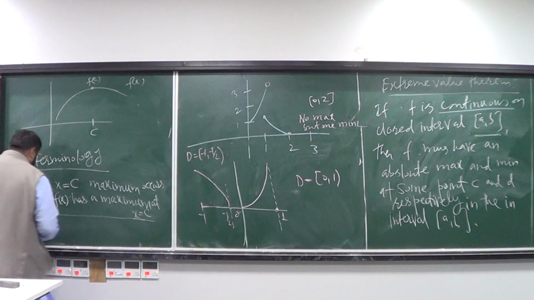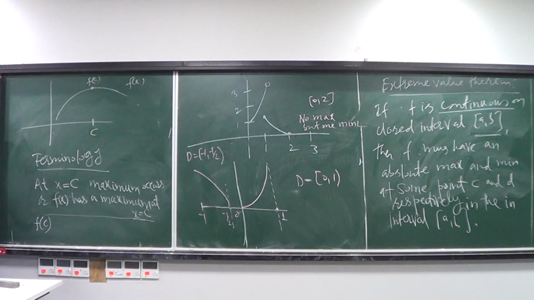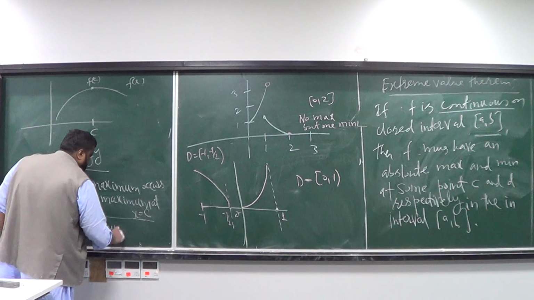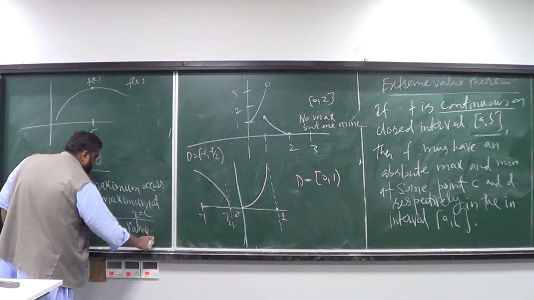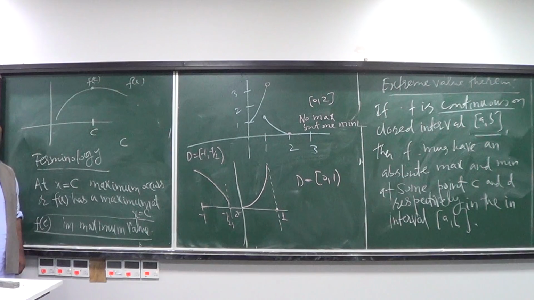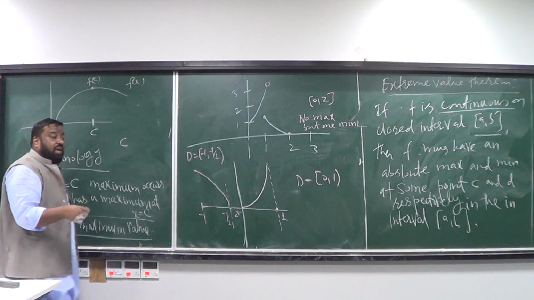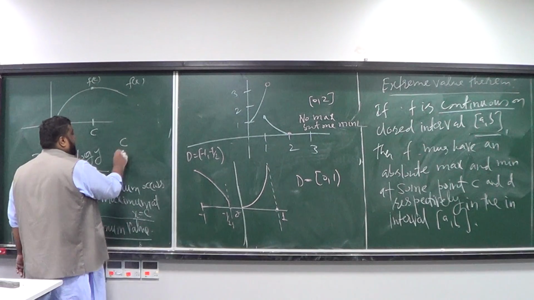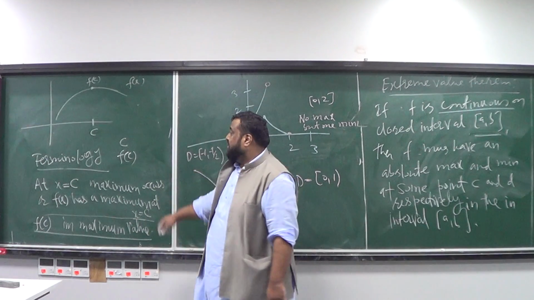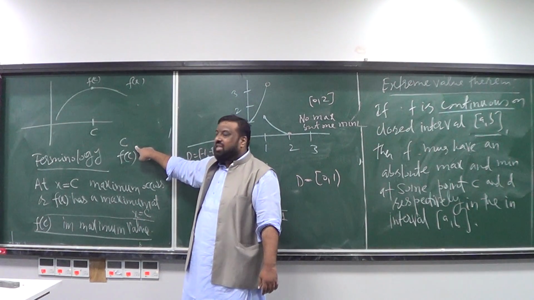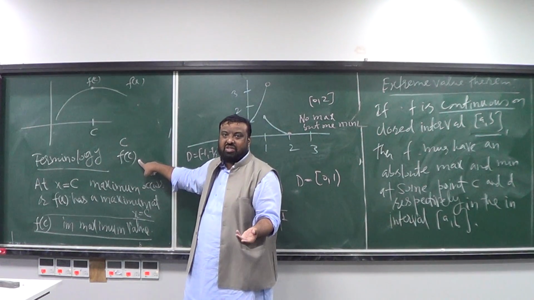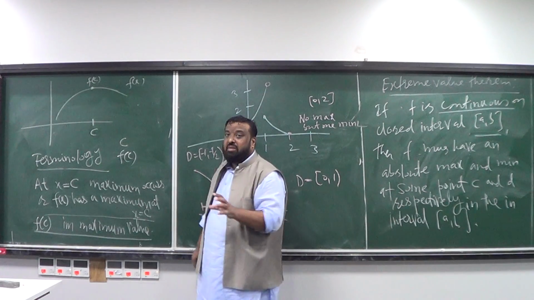While this value f of c is the maximum value, c is the point where the maximum of the function occurs, and f of c is the maximum value of the function. So c is the input where the maximum occurs, and f of c is the maximum output that you had. And similarly for the minimum.